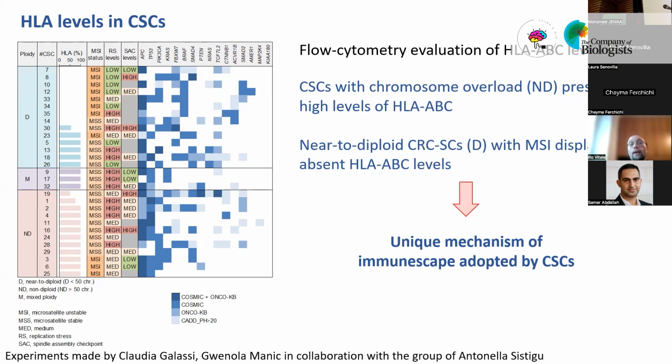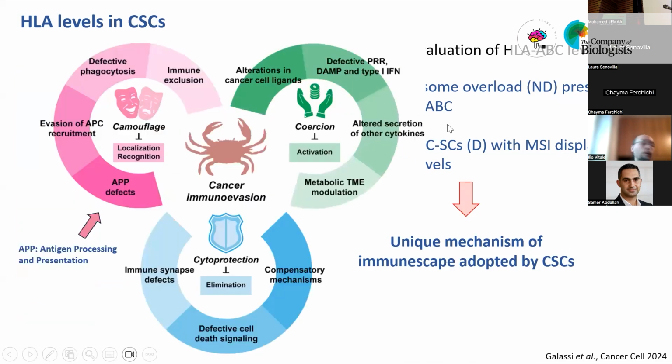They hide from the immune system. We have recently reviewed these features. We are in this violet part, the so-called camouflage. The cells hide from the immune system, and APP defects, so antigen presentation defects, are among the most relevant camouflage mechanisms.